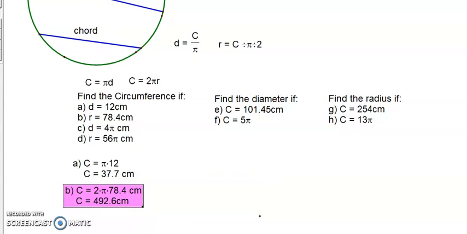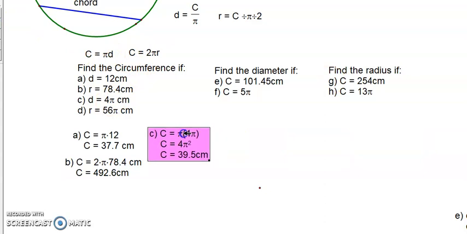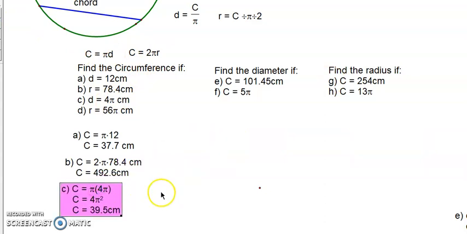So if my diameter is 4 pi, well, 4 pi is the diameter times pi, so it's 4 pi times pi. So C will be like this. 4 pi times pi is 4 pi squared, or 4 times pi squared, 39.5. So 3 times 3, 9 times 4, 36, that's about right.